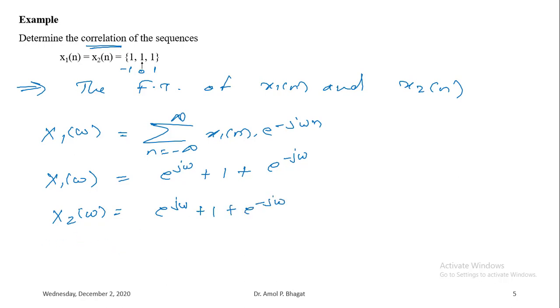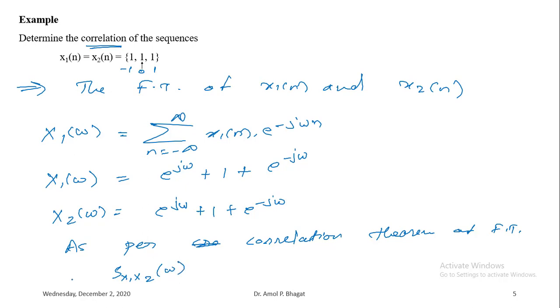Now, as per the correlation theorem of the Fourier transform, for getting X1X2 of omega in the Fourier domain, it is the cross correlation of x1 and x2 in the frequency domain.